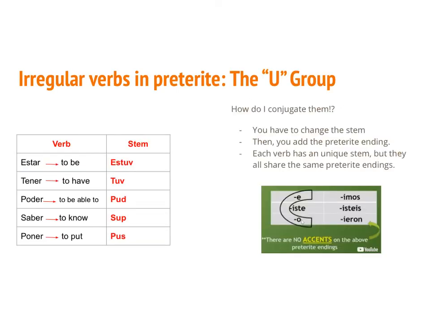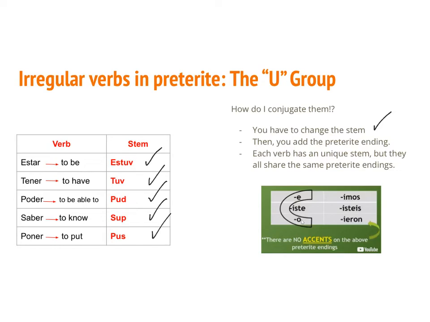So now let me explain the U group. All of these verbs, when you conjugate them, estar, tener, poder, saber, and poner, have a change in the stem. You have to change the stem in preterite. And these are the stems in the preterite with that U in there. That's why they are part of the U group.